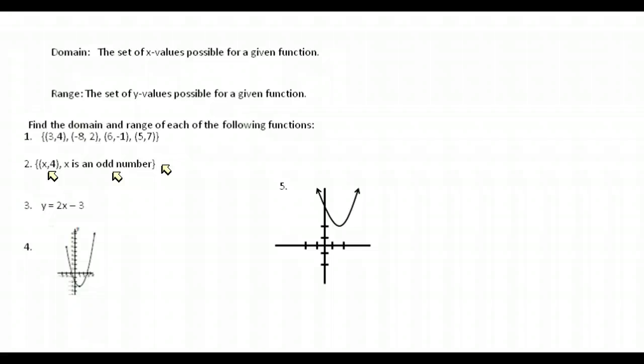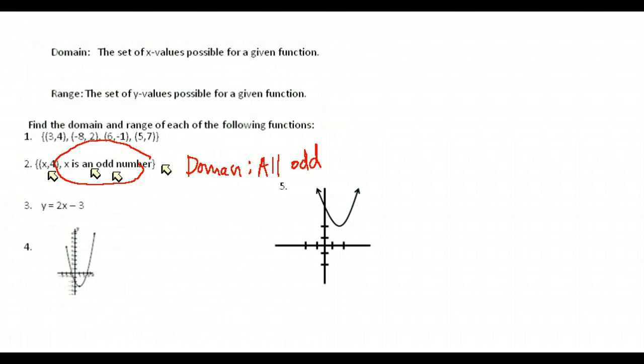What is the domain? Well, it says the x has to be an odd number, okay? So our domain is all odd real numbers. Okay, that's our domain, straight up. Any odd number can be used as x. Even numbers can't because x has to be odd.